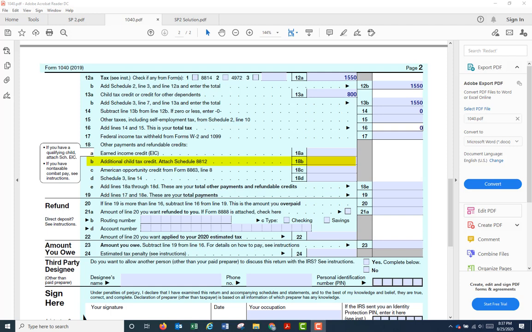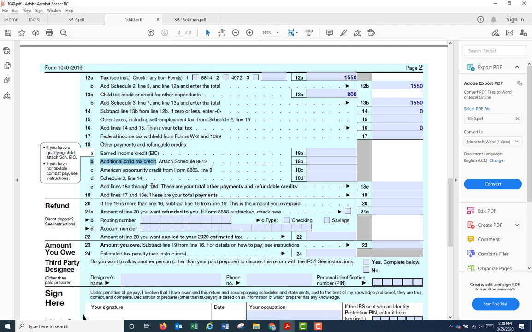Additional child tax credit. It is a refundable credit. Everything in line 18, 18A, 18B, C, and D are refundable credit. And we have a remaining balance of child tax credit that can be refundable credit. We call this the additional child tax credit. And we can use a max of $1,400. But how much do we have remaining? $2,000 minus $800. We have $1,200 remaining.